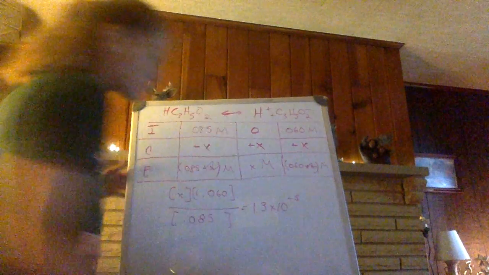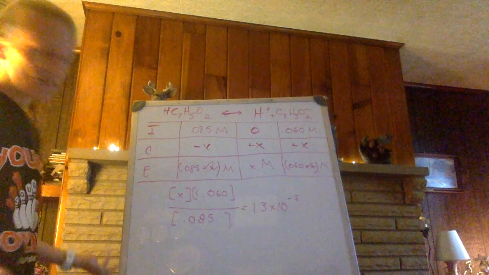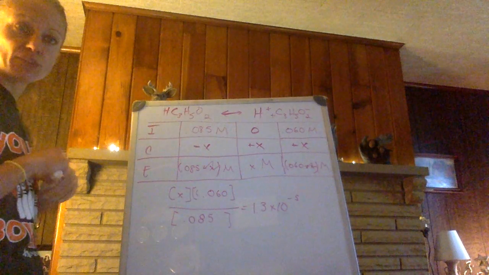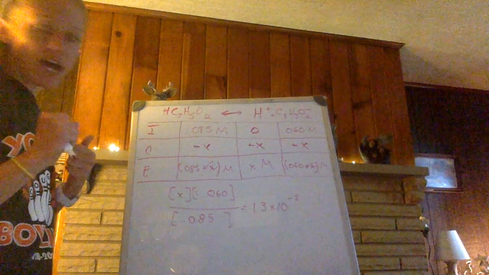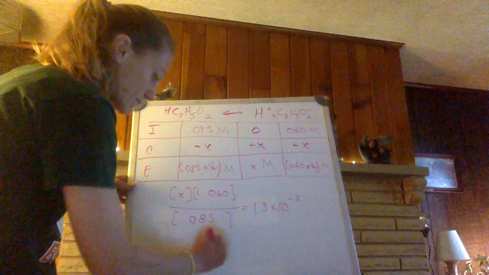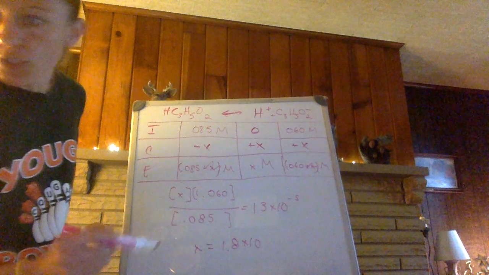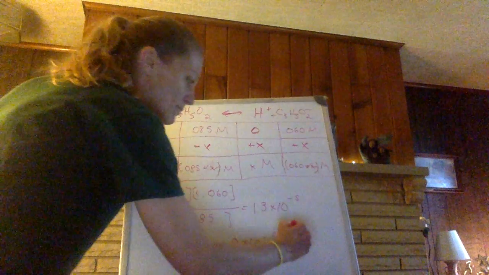So there's my Ka. Pretty easy to solve for X. There's no squareds. 1.3 times 10 to the negative fifth times 0.085, divided by 0.06 gave me X equals 1.8 times 10 to the negative fifth. And that's going to be my concentration of hydrogen.